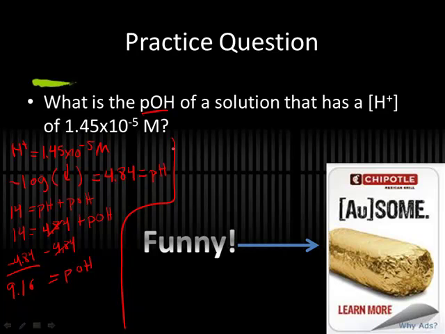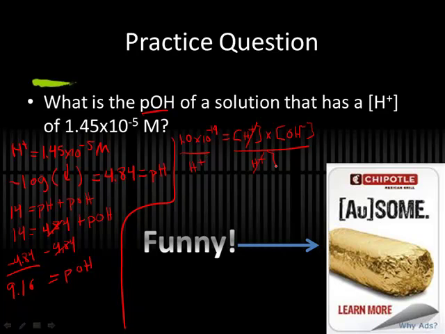Our H plus hasn't changed. We can go from H plus to OH minus first by taking this equation, the 1.0 times 10 to the negative 14th equals our H plus concentration times our OH minus concentration. Now we don't know our OH minus, but we do know our H plus. But to get OH minus by itself, we need to divide both sides by our H plus.